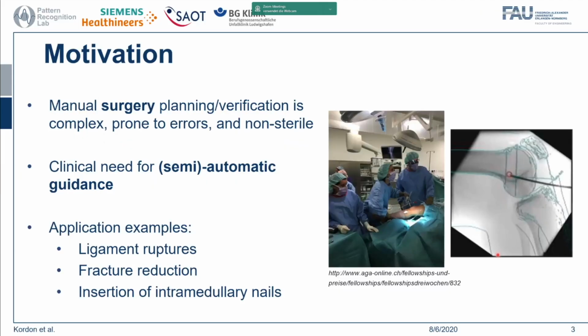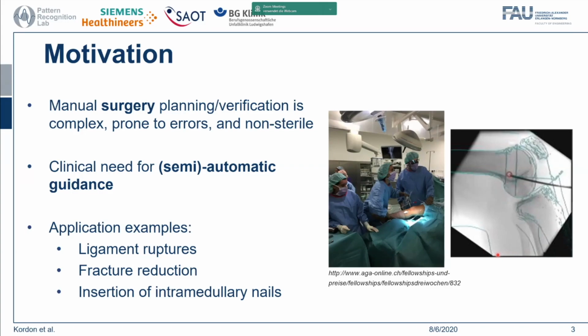When we talk about intraoperative X-ray data, it is one of the key modalities for trauma surgery and orthopedic surgery. For these types of surgeries, since they are usually very complex, some manual surgery planning is needed, which is done either preoperatively or during the surgery itself.